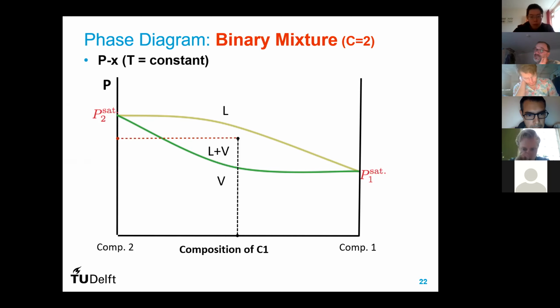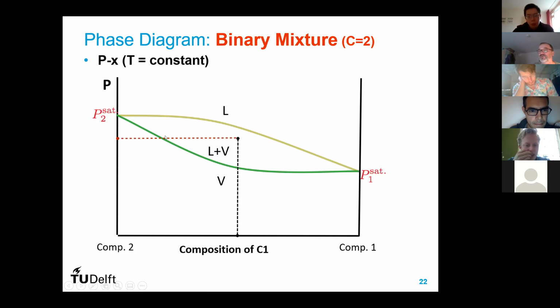If you're fixing composition, these 2 points up and down let you know what's going on. And this is for the fixed composition when you're changing pressure. At the same time, you can fix pressure and change composition. And then you will be moving between these points.